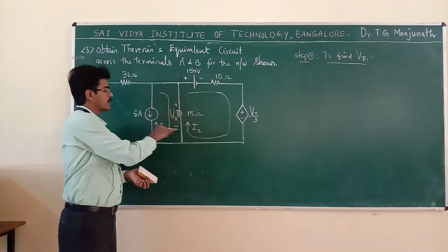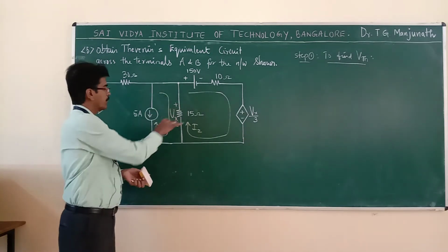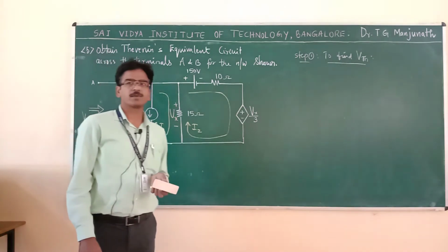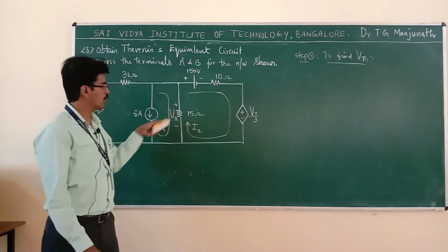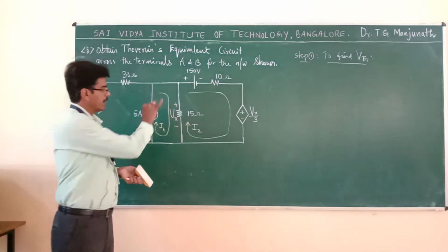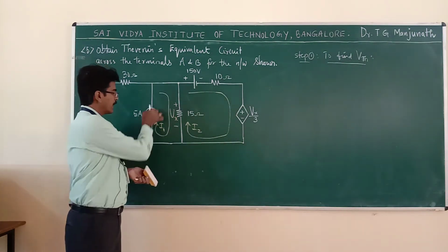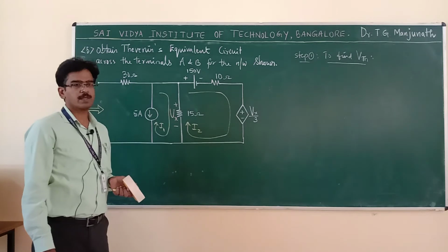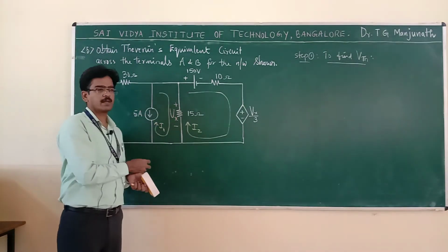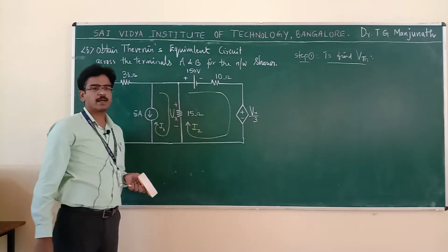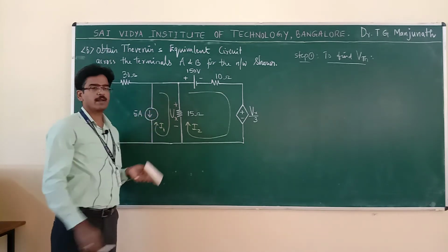Now, if you take this loop, in this loop you have a current source. Whenever you have a current source in a given loop, you cannot apply KVL to this loop, so then you have to write a current equation. What is the current equation? In this wire, 5 ampere current is flowing downward, it is given.